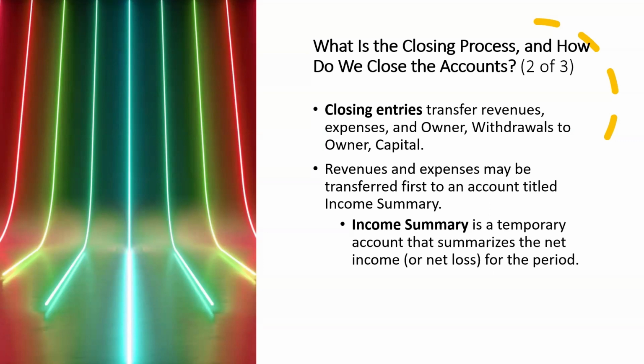Moreover, it functions to consolidate net income or net loss for the period. So again, the income summary is a temporary account that summarizes the net income or net loss for the period.